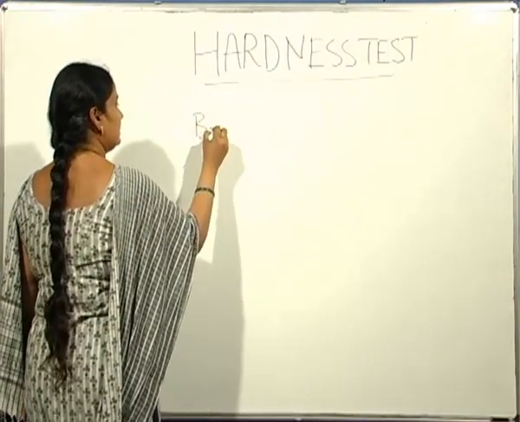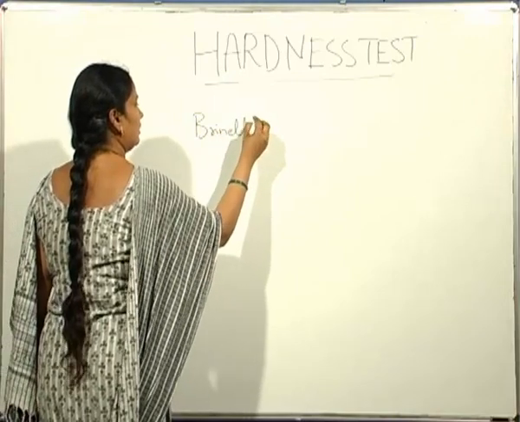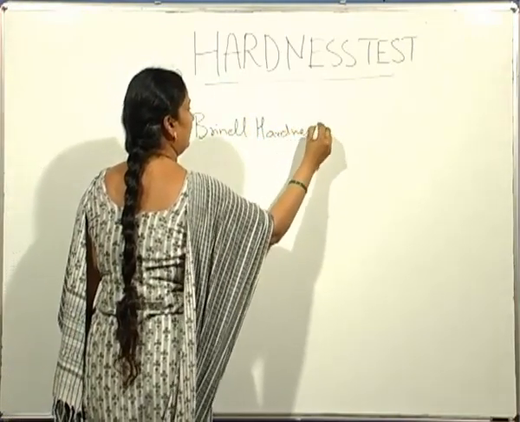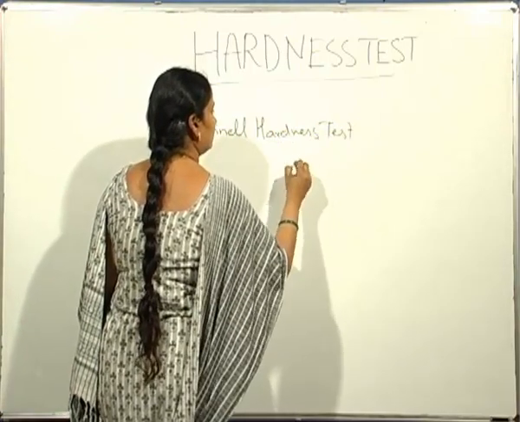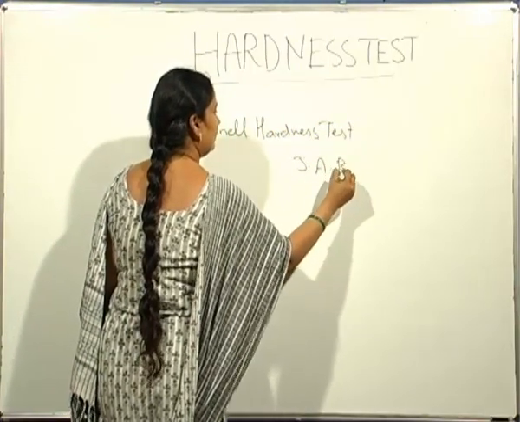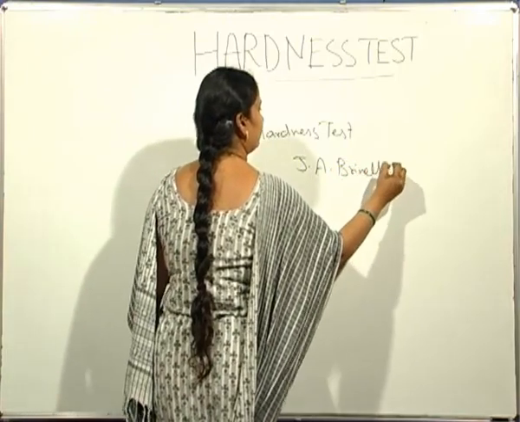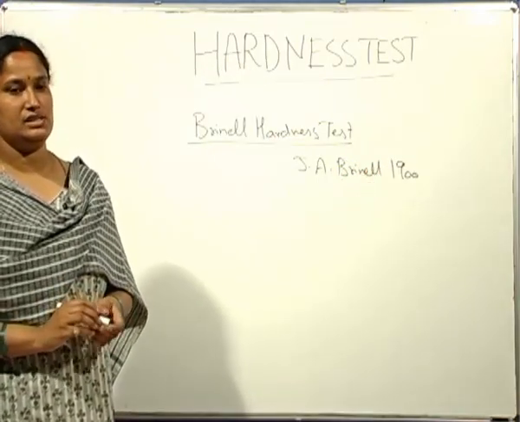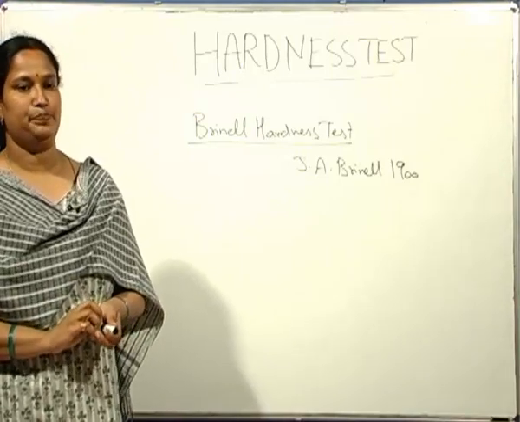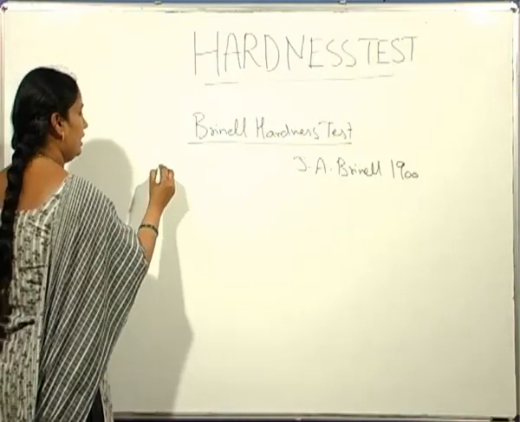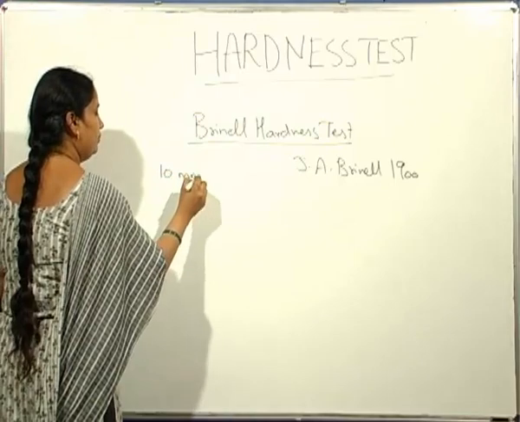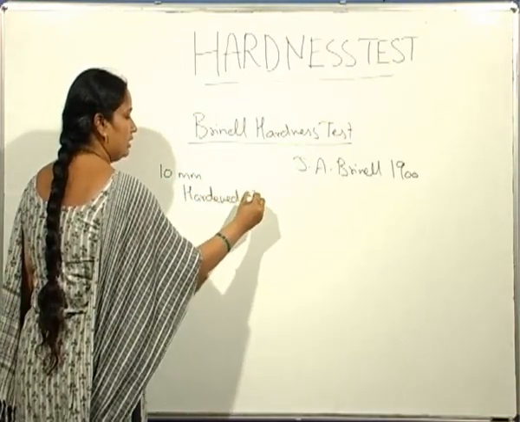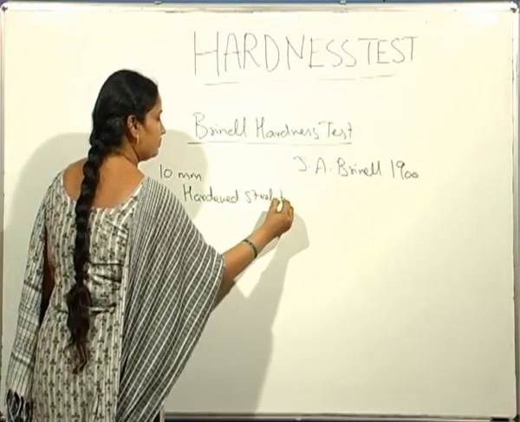Brinell hardness test, which was invented by J.A. Brinell in the year 1900. So this Brinell hardness test uses a spherical indenter of diameter 10 mm. A 10 mm hardened steel ball is used as the indenter.